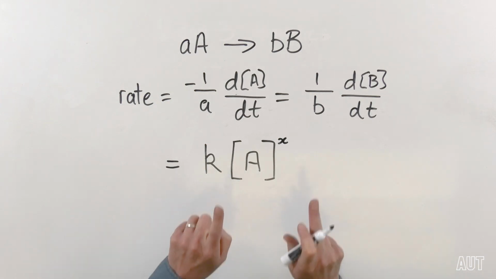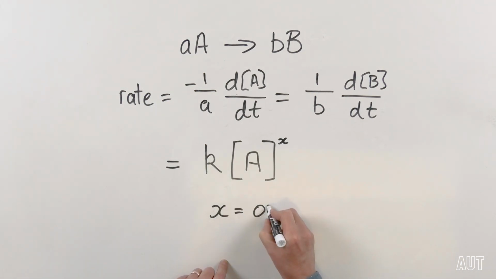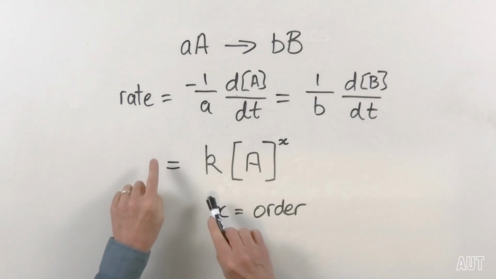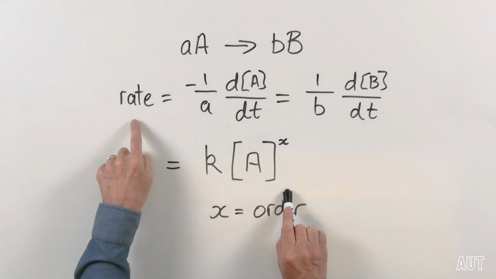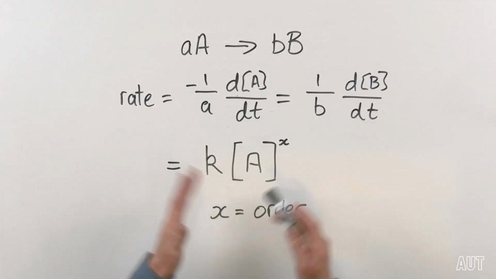X is called the order of the reaction, in this case with respect to the concentration of A. You've got to say that this bit here looks a heck of a sight simpler than this bit here, and yes, it is.